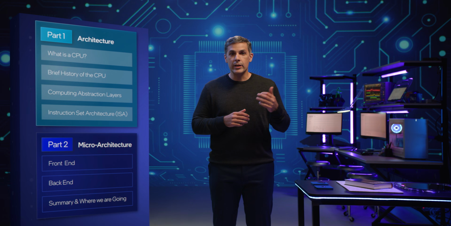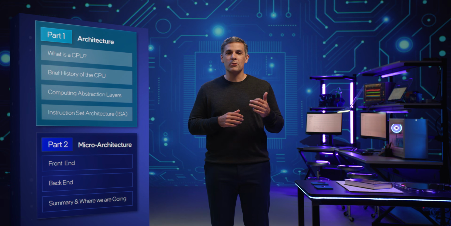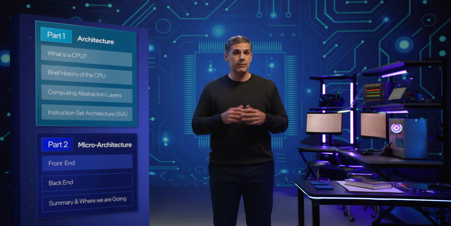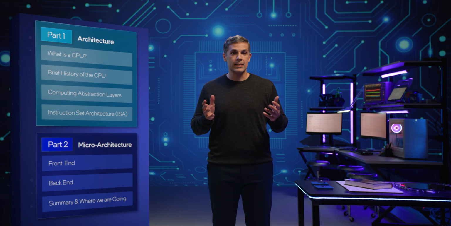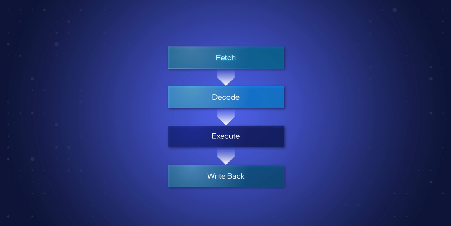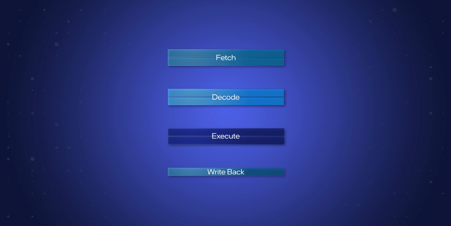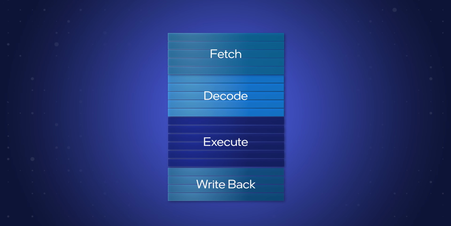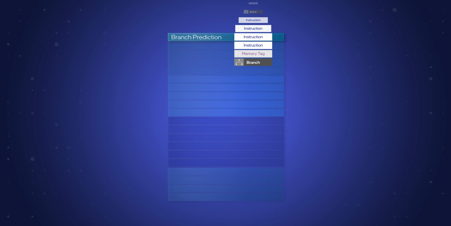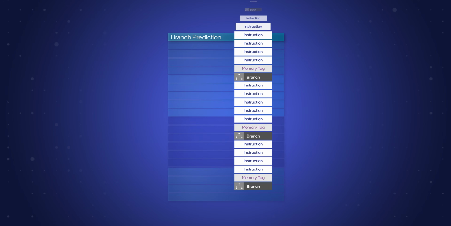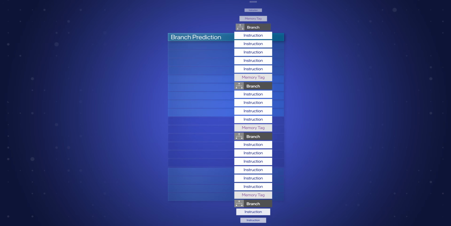So let's recap what we discussed in the second part of our CPU architecture module. We covered some of the basic building blocks of CPU design, such as the von Neumann cycle of fetch, decode, execute, and write back. How a pipeline's depth is determined by the number of stages those basic functions are broken into. And how speculation is used to increase CPU performance, trying to always guess where code is going in order to avoid wait times.